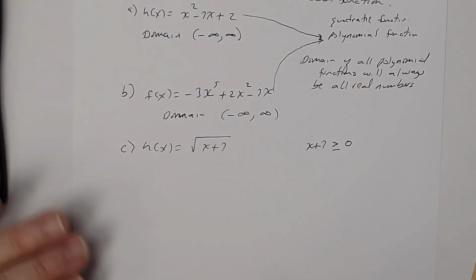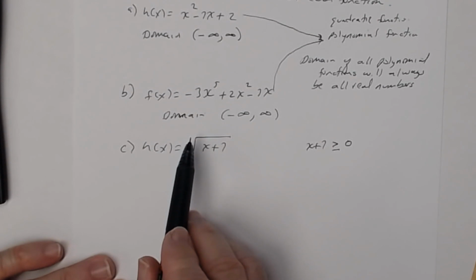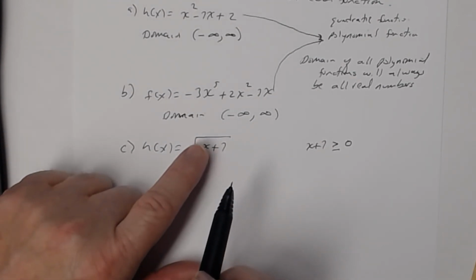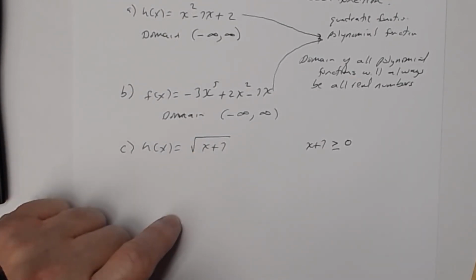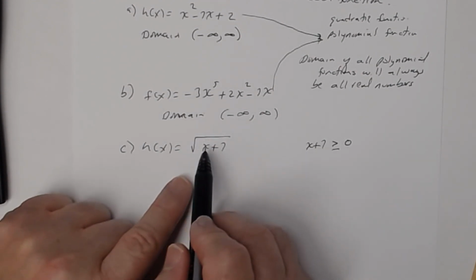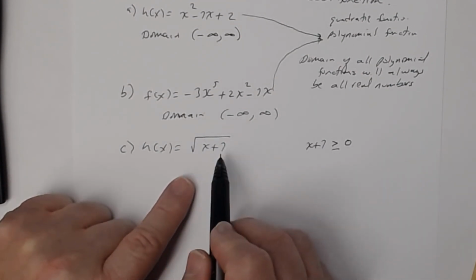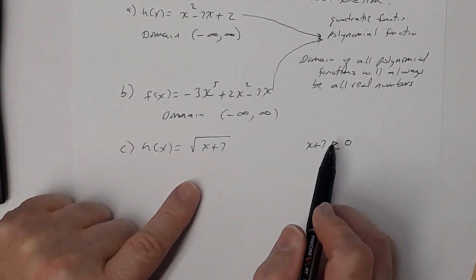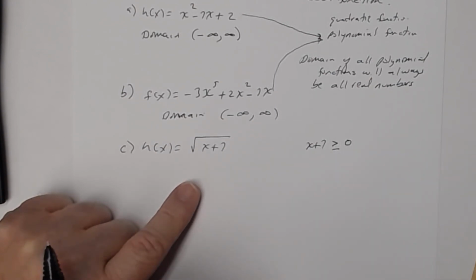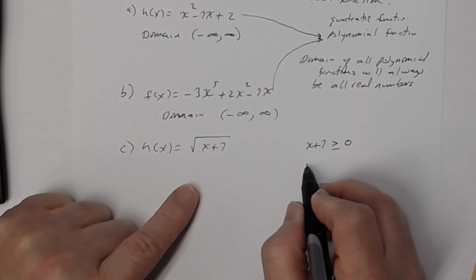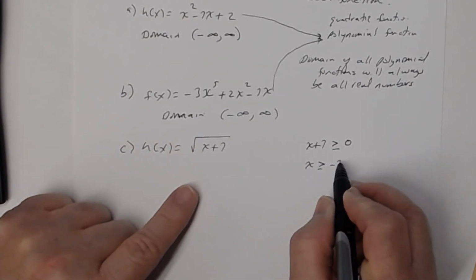So when finding the domain of a square root function, you're going to take the radicand, which in this case is x plus 7, and set it greater than or equal to 0. Then you just solve for x. When I solve for x, I get x is greater than or equal to negative 7.